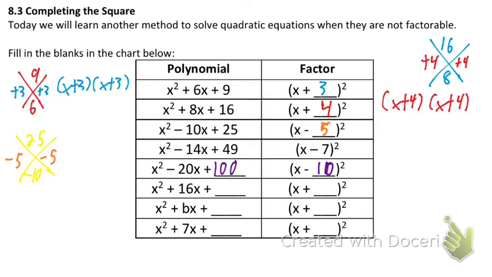I would agree. Now, Amy, how did you get 10 inside of the parenthesis? What would add up to 20? So you did half of negative 20 and you got negative 10. Now then, how did you get 100? Yeah, negative 10 times itself, or squared, is 100.